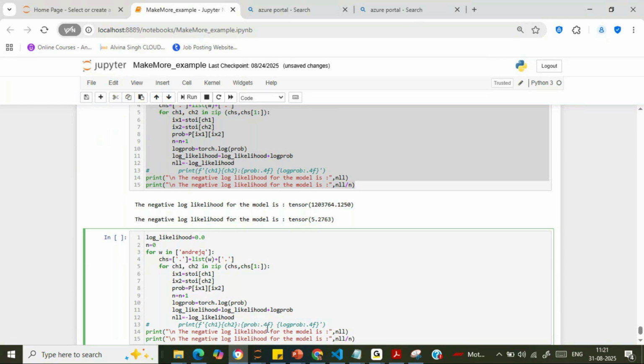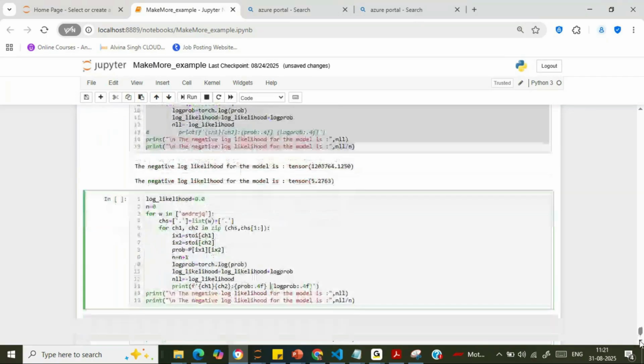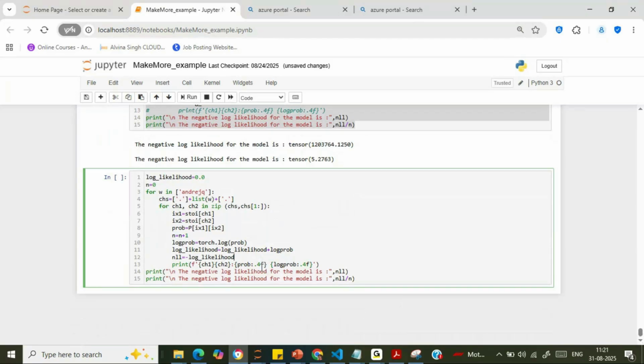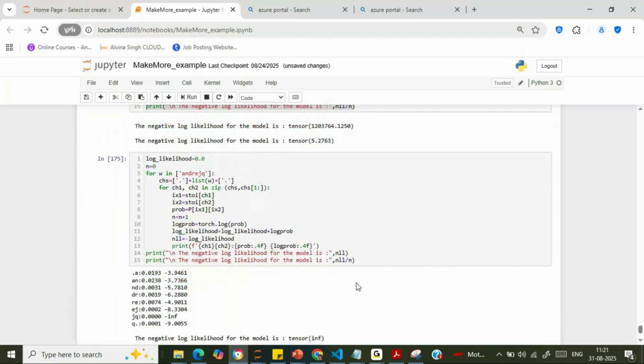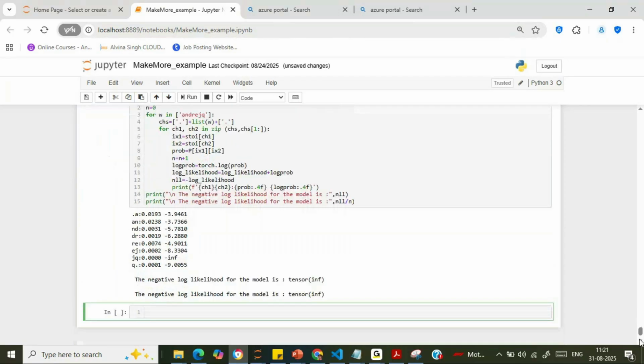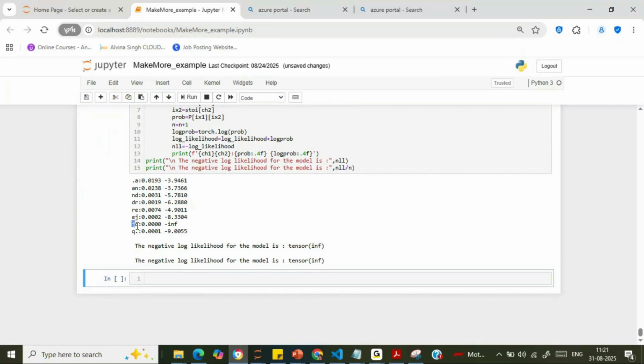Let me print this as well. In the given names, J after Q, Q after J is coming 0 times.